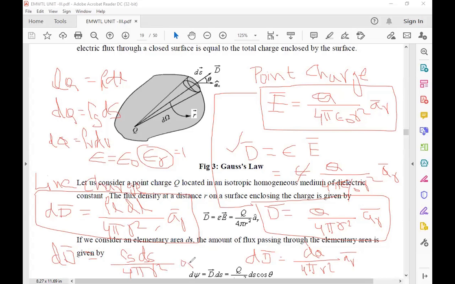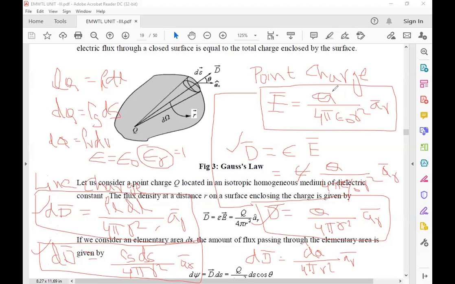The formula is the same. The same goes for the volume charge, where dq is rho v into dv, replacing rho s into ds and rho l into dl. So this gives the point charge, line charge, surface charge, and volume charge electric flux density.